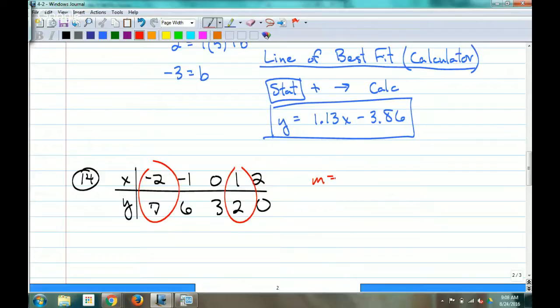So I need the slope, 7 minus 2 over negative 2 minus 1, which is 5 over negative 3. And then I'm going to use one of those points to find my y-intercept. So 2 equals negative 5/3 times 1 plus b.